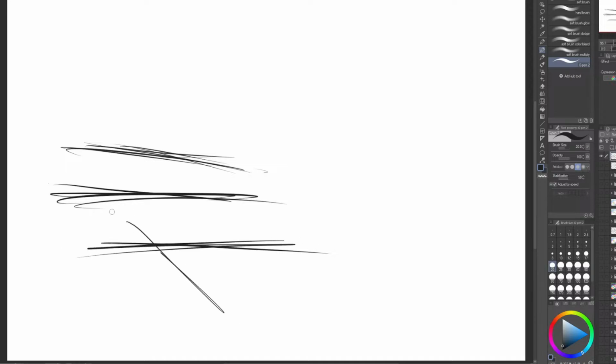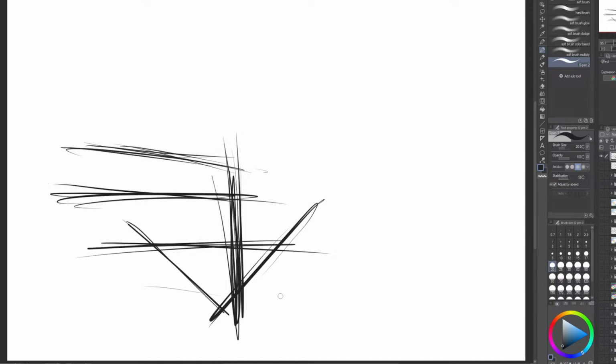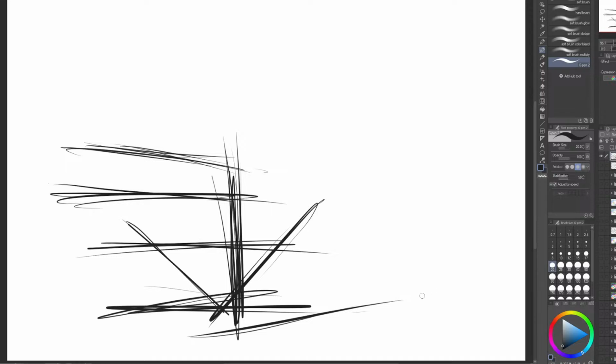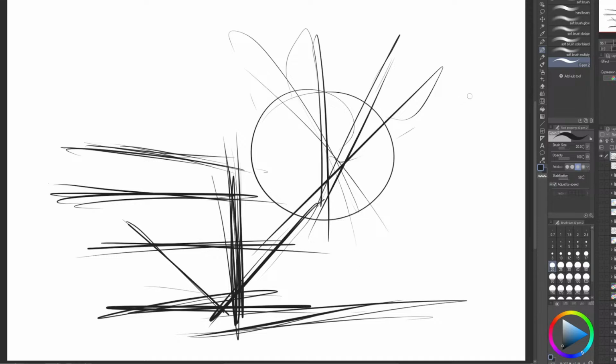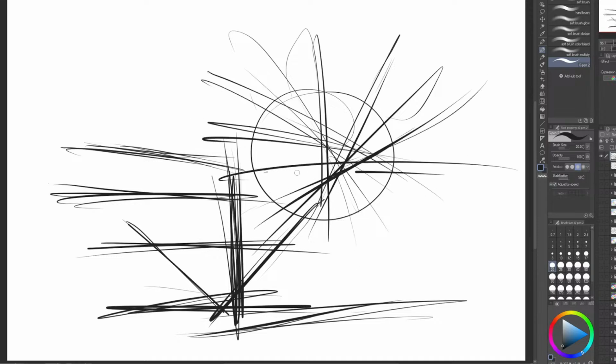It's because my tablet's just in a weird position. Okay, and then there's the C2, A1. What about D3? Can I get that? Yeah, okay. Okay. Boom. Okay, got it.